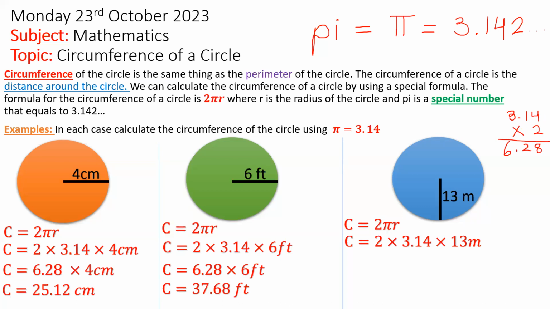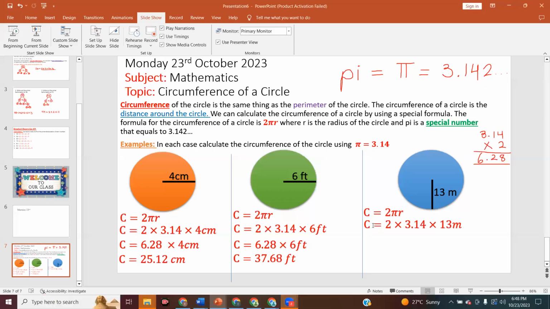So the answer is 6.28. So we know 2 times 3.14 is 6.28, so C is going to be equal to 6.28.